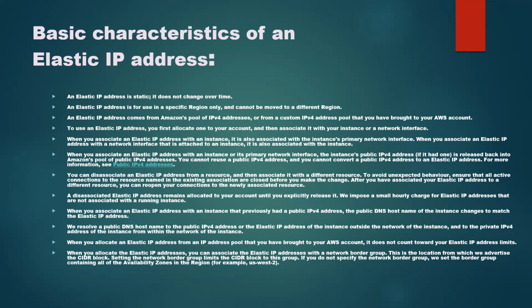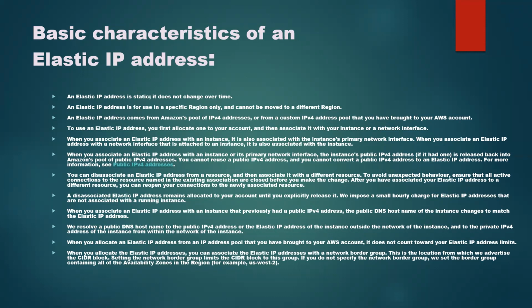When you associate the Elastic IP address with the instance's primary network interface, the instance's public IP address is released back to where it came from, whether that was your custom IPv4 address pool or the Amazon public pool.